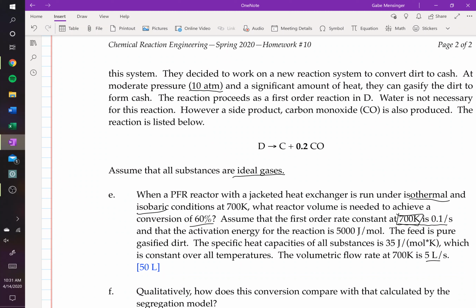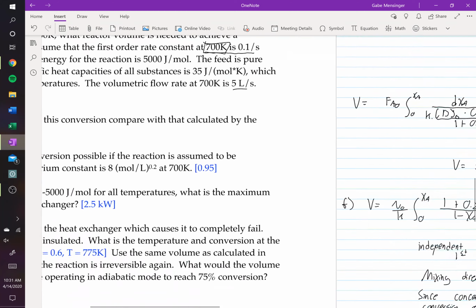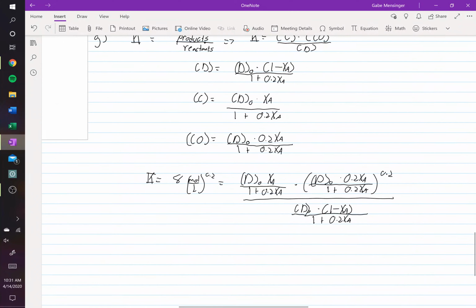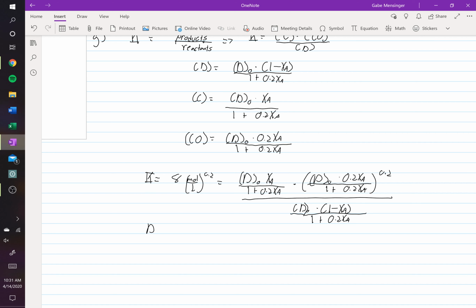That guy right there, 700 Kelvin. So, going back to the ideal gas law, our best friend, P equals R over T. Since it's pure D coming in, we don't have to worry about dividing or multiplying by any gas fractions.